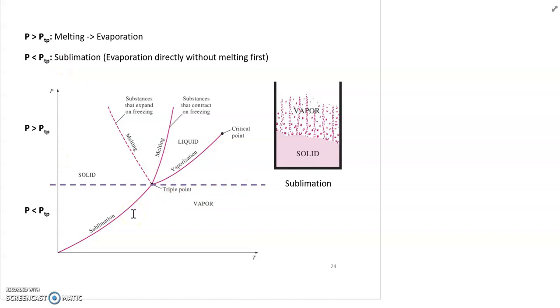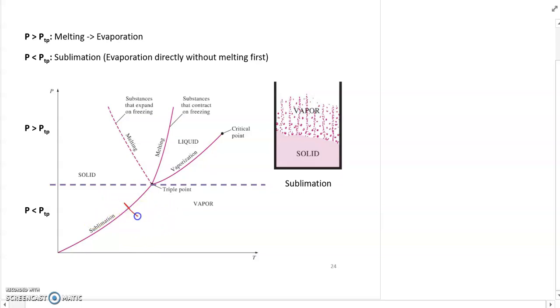For a substance that has a triple-point pressure above atmospheric pressure, if your pressure is less than the triple-point pressure, you will be dealing with solid and vapor, and that goes for the sublimation process. That's the only way to change from solid to vapor phase.